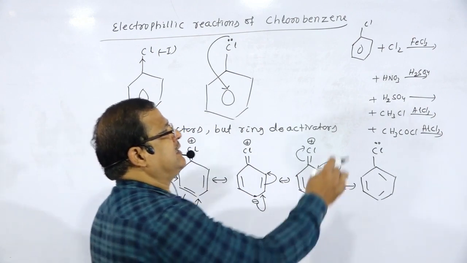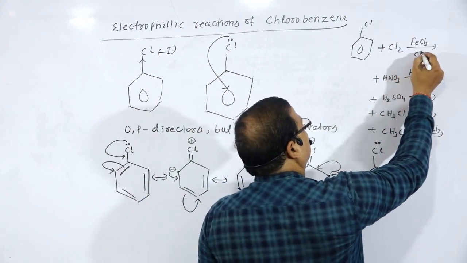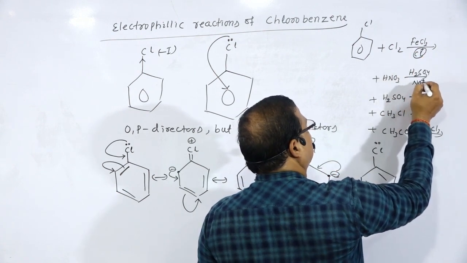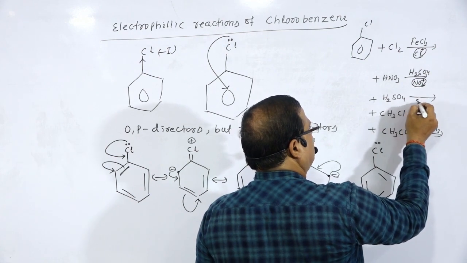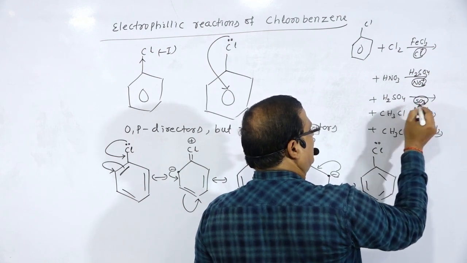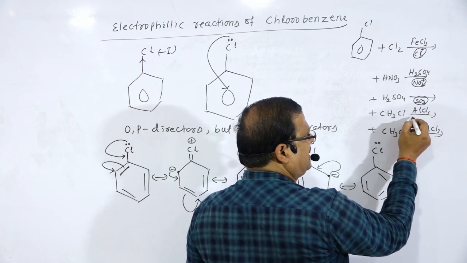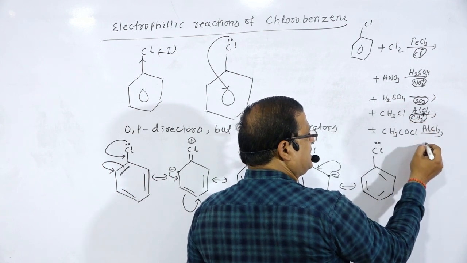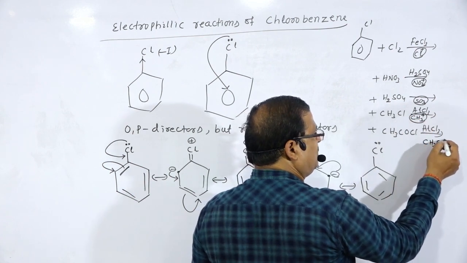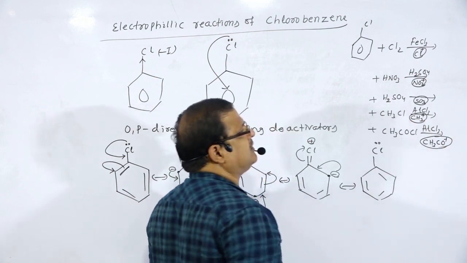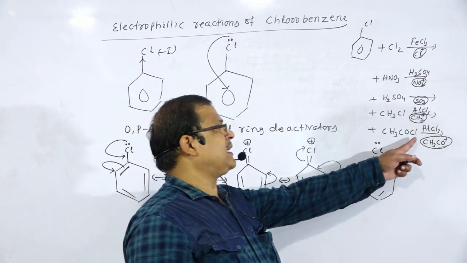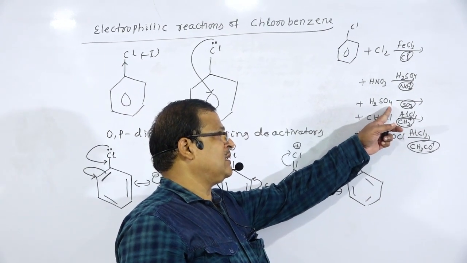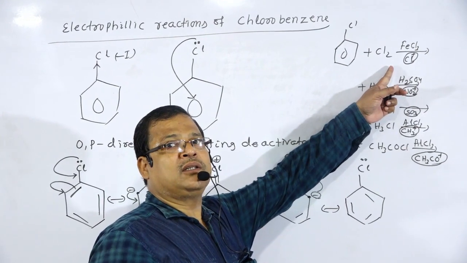In the first case, the electrophile is Cl plus. In the second case, the electrophile is NO2 plus. In this case, the electrophile is SO3, sulfonation. In this case, Friedel-Crafts alkylation, the electrophile is CH3 plus. In this case, the electrophile is CH3CO plus, that is Friedel-Crafts acylation. So these are chlorination, nitration, sulfonation, Friedel-Crafts alkylation and Friedel-Crafts acylation.